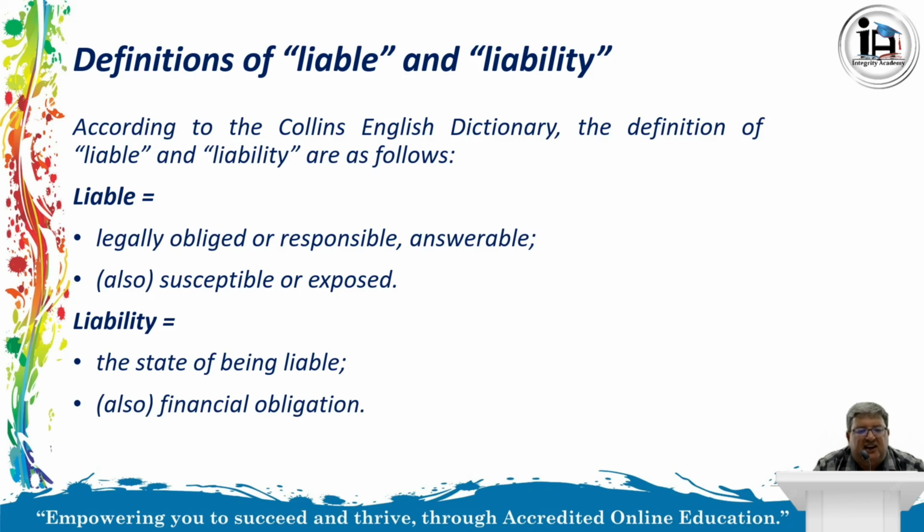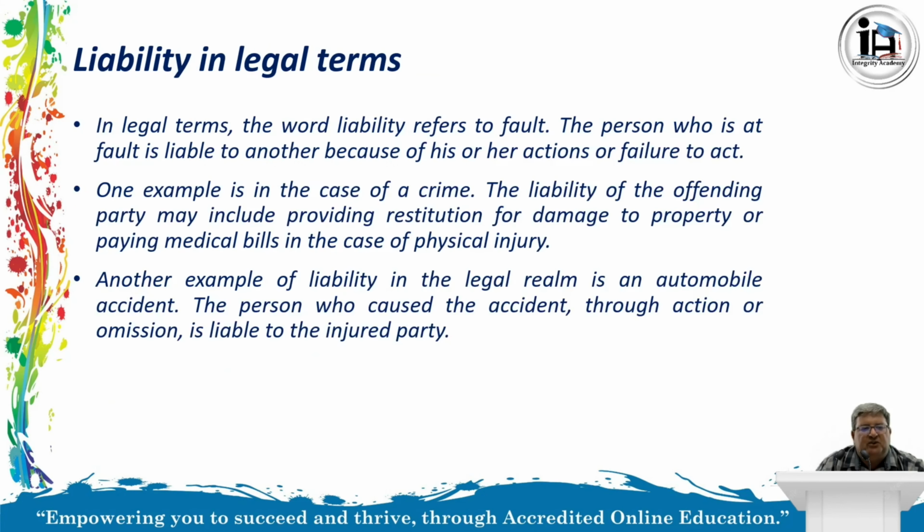Liability: the state of being liable, also a financial obligation. That's the difference between liable and liability. So liable, you are responsible for, you're answerable to. Liability, the state of being liable, you see, financial obligations, you must put your money where your mouth is.